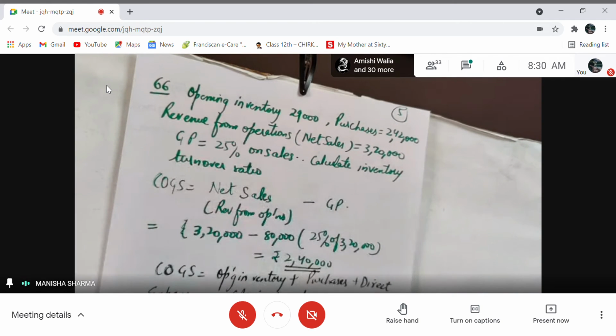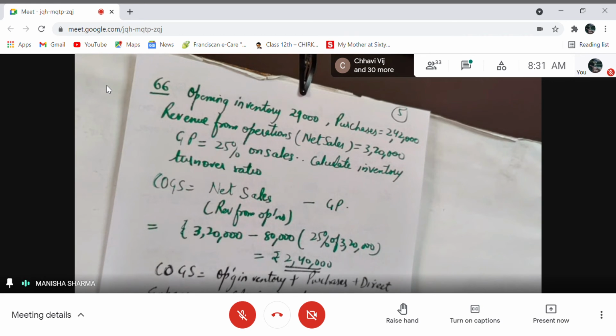Calculate inventory turnover ratio. So it is clear that we will have to use the second formula to find COGS here, because COGS is missing in the question. You will use the formula net sales minus GP, or revenue from operations minus GP. And GP, again, you have to calculate 25% of net sales.